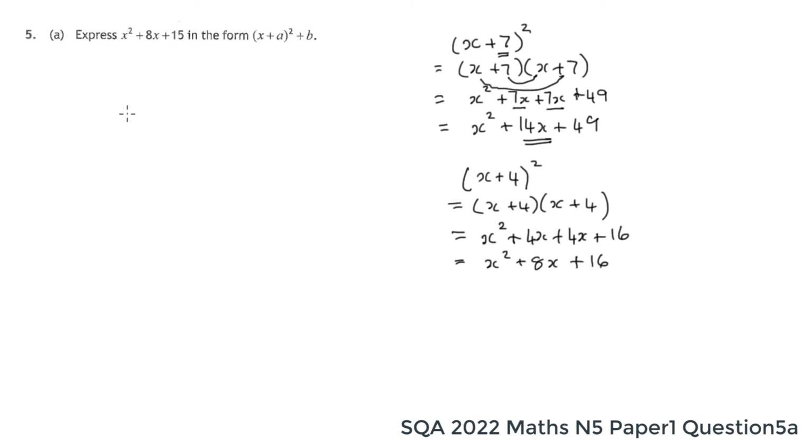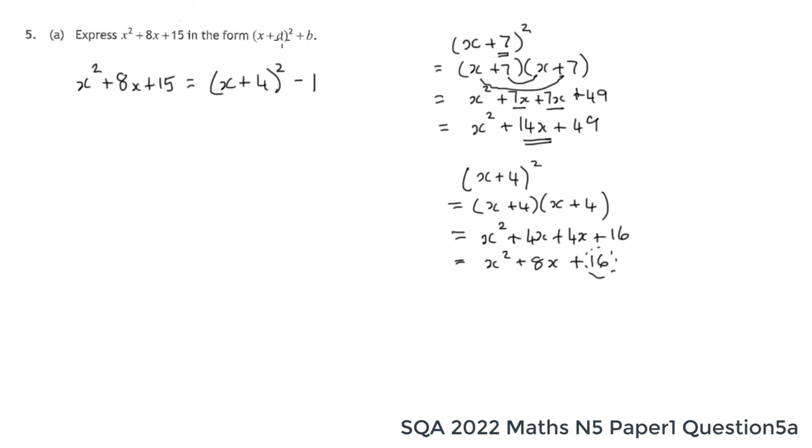So it would look like that x squared plus 8x plus 15 can be written as x plus 4 all squared, but not quite. That 16 has to be a 15. Well, that's easily dealt with. We just take 1 away from it.